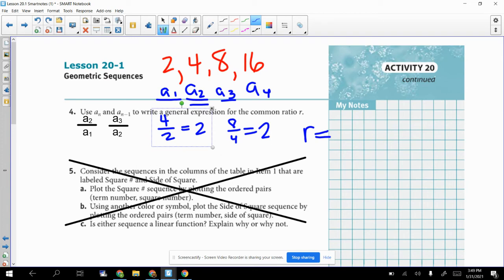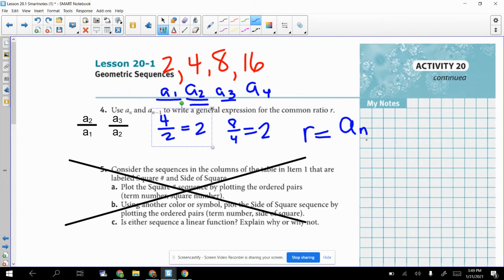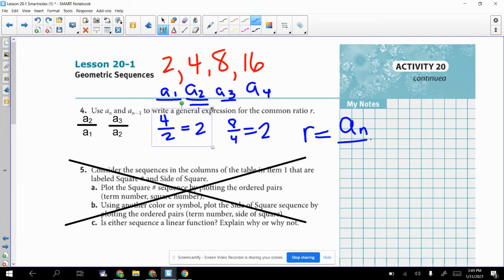Basically what you are doing is taking a certain term and dividing it by the term in front of it. So we're going to call that a sub n minus 1. So if you took a sub 4 and divided by a sub 4 minus 1, or a sub 3, then you're going to find your common ratio. So that's a little helpful hint there.